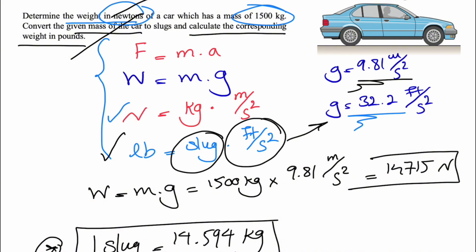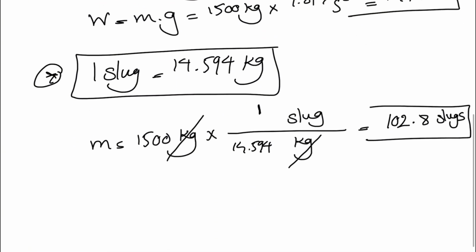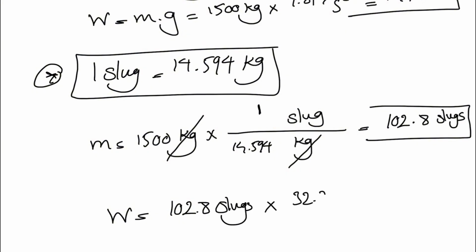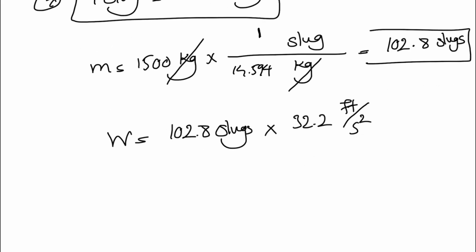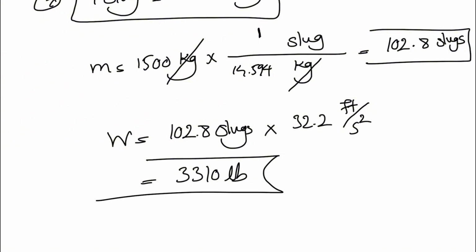We already have the G in that unit for foot per square second, so it's easy enough to find the weight in pound, which would be basically the mass in slug, so 102.8 slugs times acceleration of gravity based on foot per square second, and that's pretty much it for this question. We just have to multiply these two, and if we do, we'll get 3,310 pounds, which would be the final answer for this question.